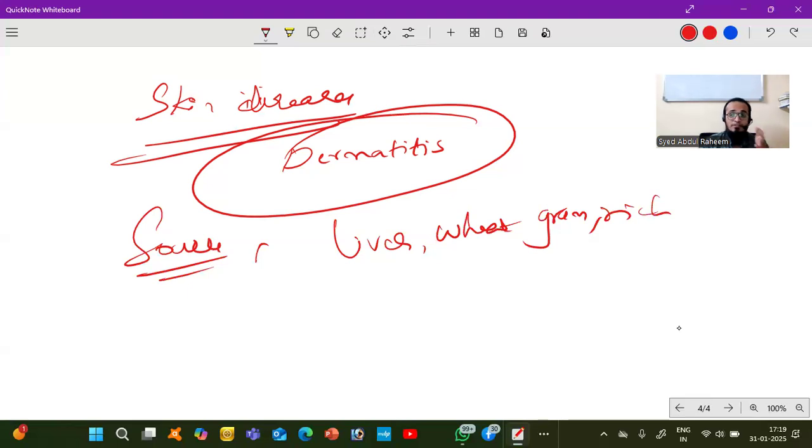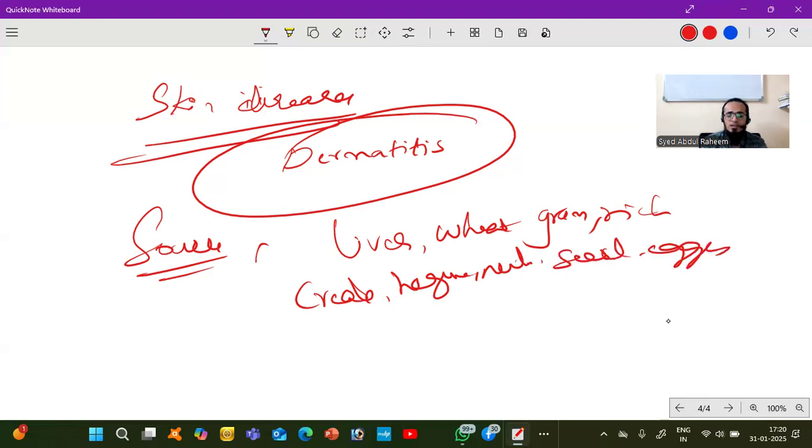Rice, without polishing, has all the vitamin B complex. Mostly cereals, legumes, nuts and seeds, eggs.